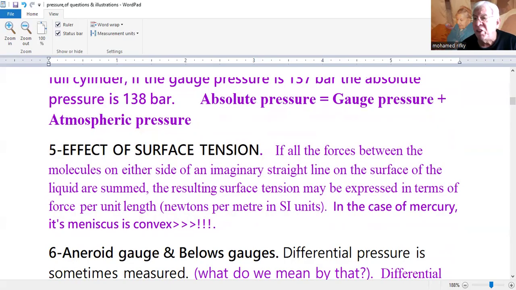The effect of surface tension, of course, meaning that there is a tension on the surface. Tension is the force per unit length. So we will show you later on how it looks. Of course, on the surface of this liquid, the attraction between the molecules is different than that present in the depth of this liquid.